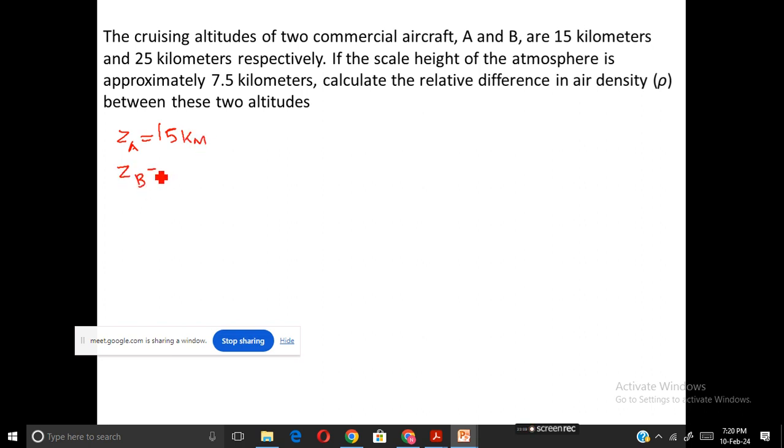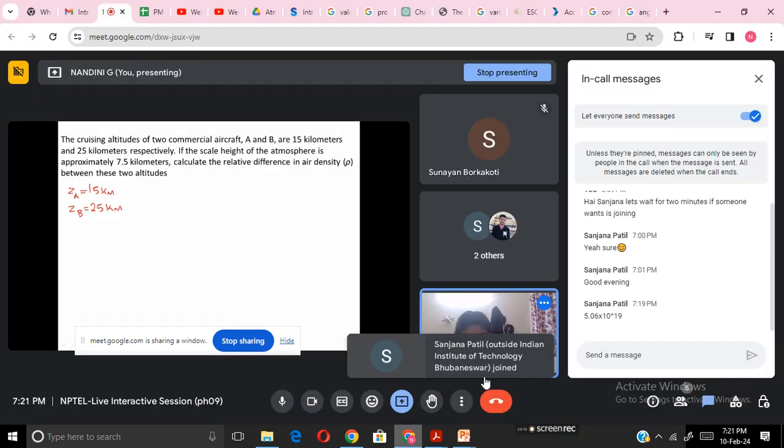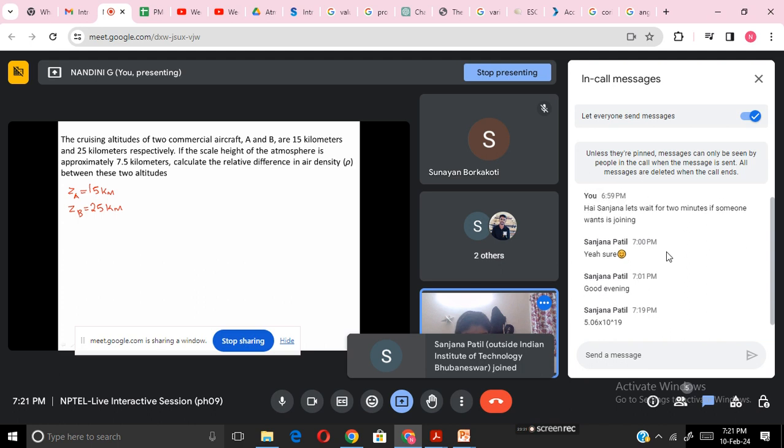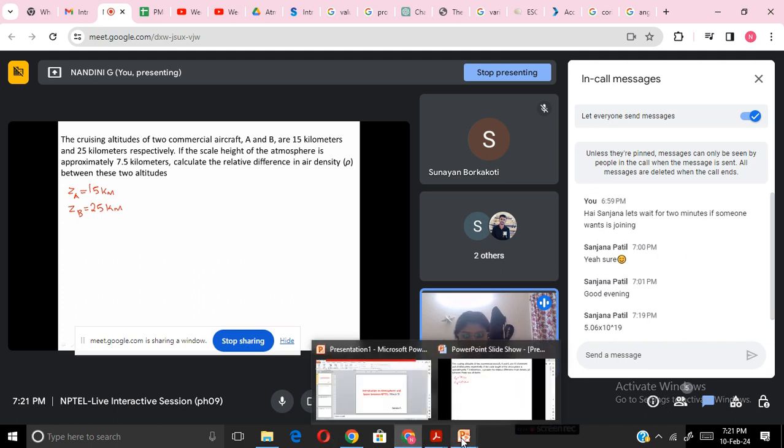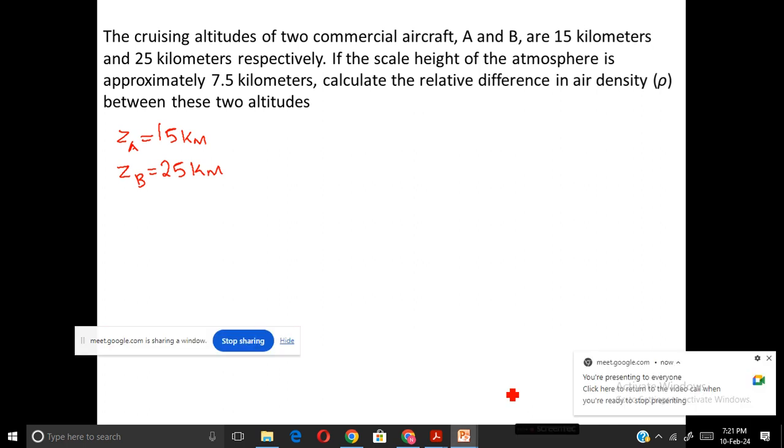And set B, let it be at a height of 25 kilometers, the height at which aircraft B is flying. And the scale height is given, H is equal to 7.5 kilometers. So we want to calculate rho A by rho B.